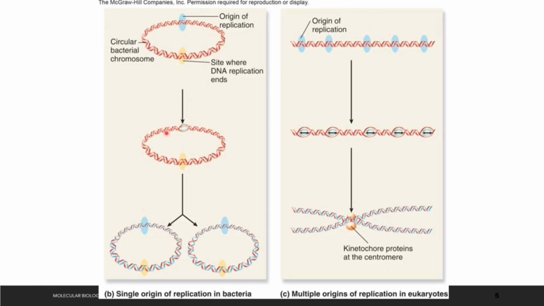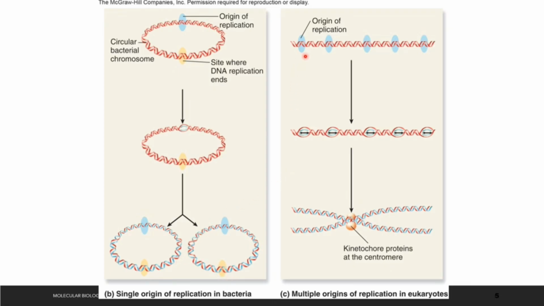And you will terminate when the two sites meet at the termination spot, which is pretty much opposite the origin of replication on the circular chromosome. Okay, so you end up with two circular DNA molecules. Again, both of them have their own origins of replication and termination points for the next rounds of DNA replication.